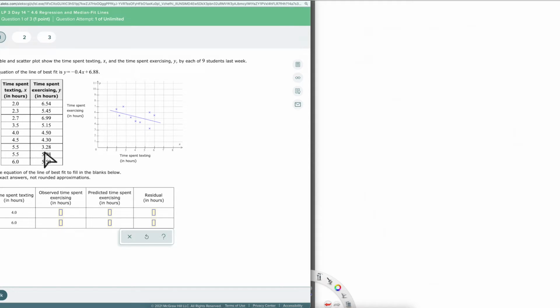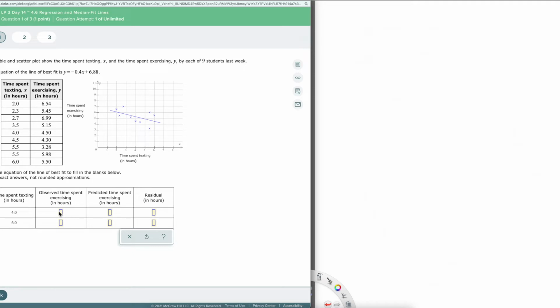Okay, so we're going to use this information to fill out this chart below. What it wants us to do is think about what was actually observed, what happened, what we would predict to happen using the line of best fit, and then the residual is the amount left over between the 2. So for this one, if we have 4 hours texting, we want to say what was the actual observed.